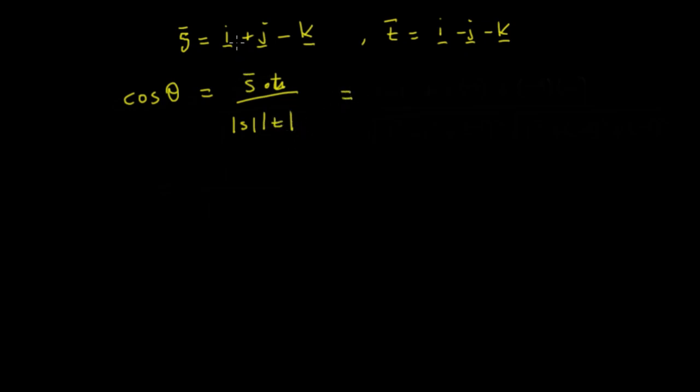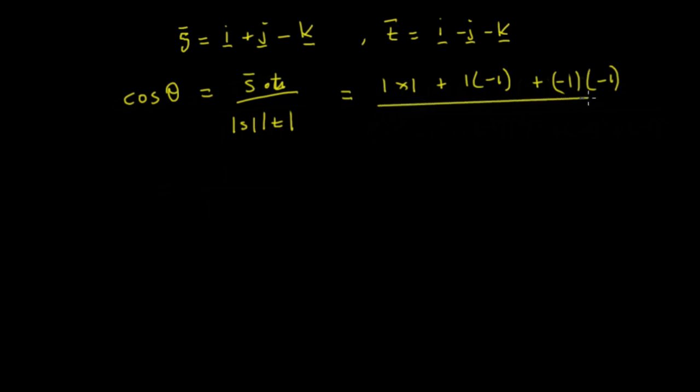Now to get the dot product, we multiply out the components, so this is just going to be 1 times the 1 for the i, plus 1 times the minus 1 for the j, plus the minus 1 times the minus 1 for the k.